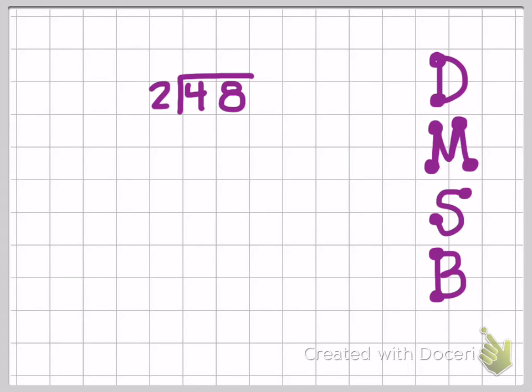Well, I know that 4 divided by 2 equals 2. So all I have to do is place the 2 directly above the 4 that I just divided.